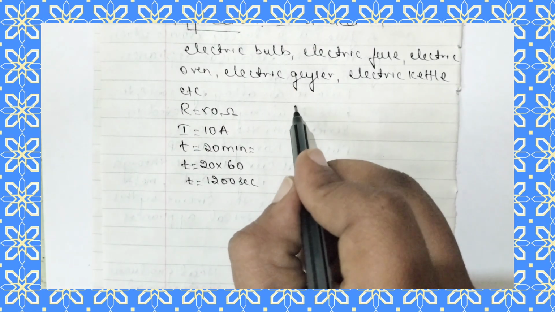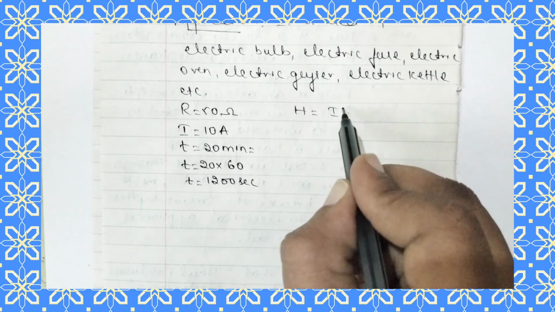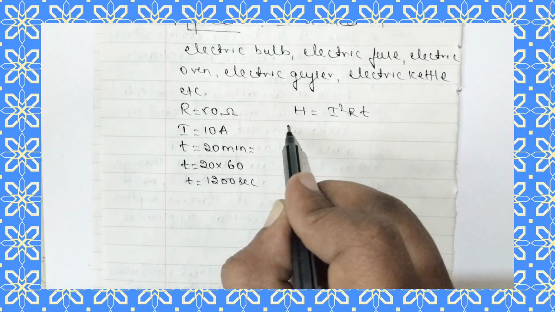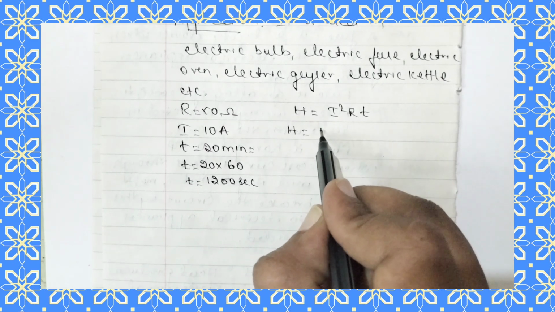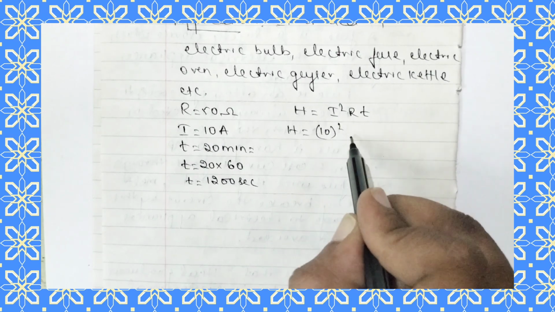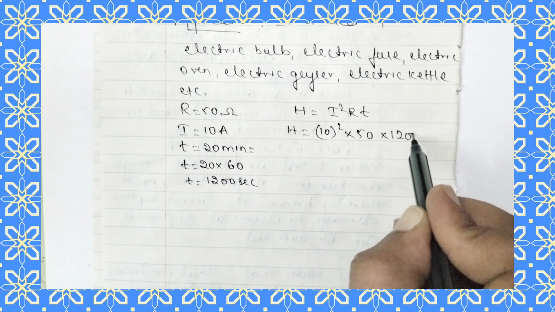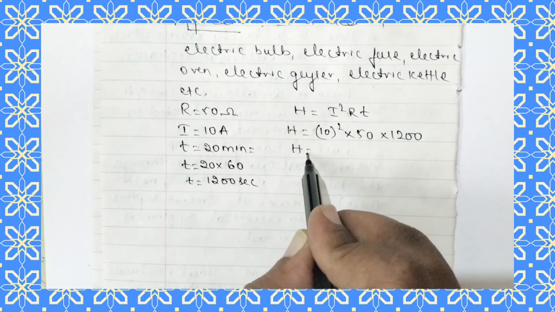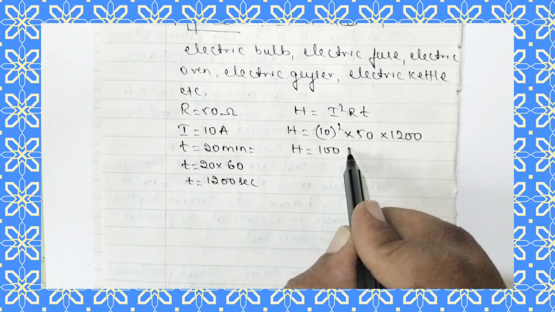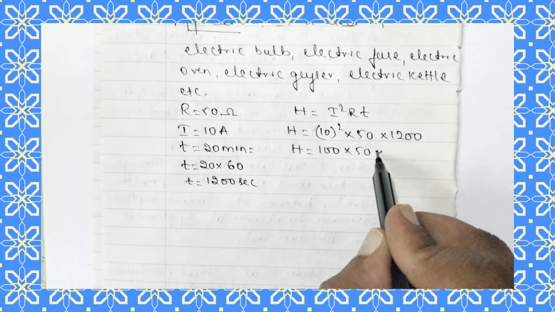So according to Joule's law, H is equal to I square RT. So H is equal to I square, I is 10, 10 square into resistance is 50 into time is 1200 seconds. So 100 into 50 into 1200.